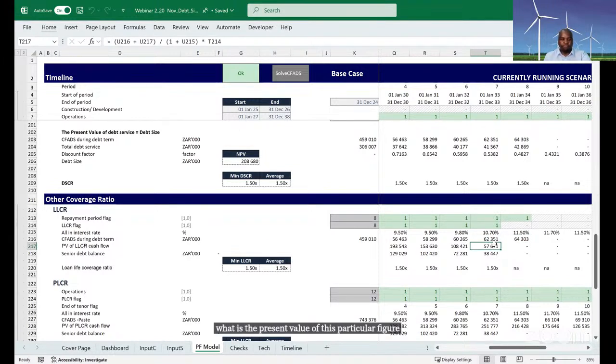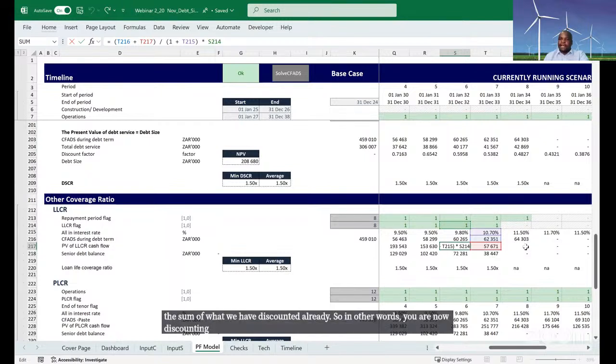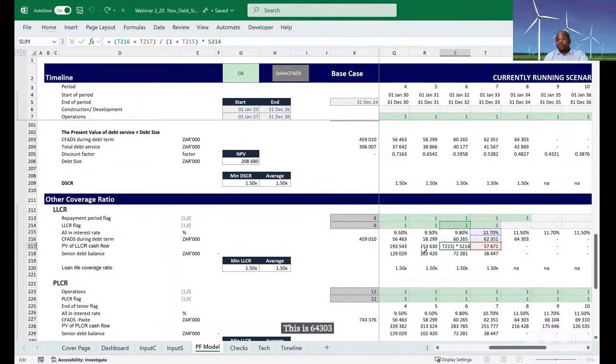If I do like this, you can see that this particular figure is the present value of what is in the future. If I come again here, it is the present value of this particular figure and the sum of what we have discounted already. So in other words, you are now discounting the 64303 twice. As you move backwards, this is what we call a rolling LLCR. That's how the calculation is happening there.